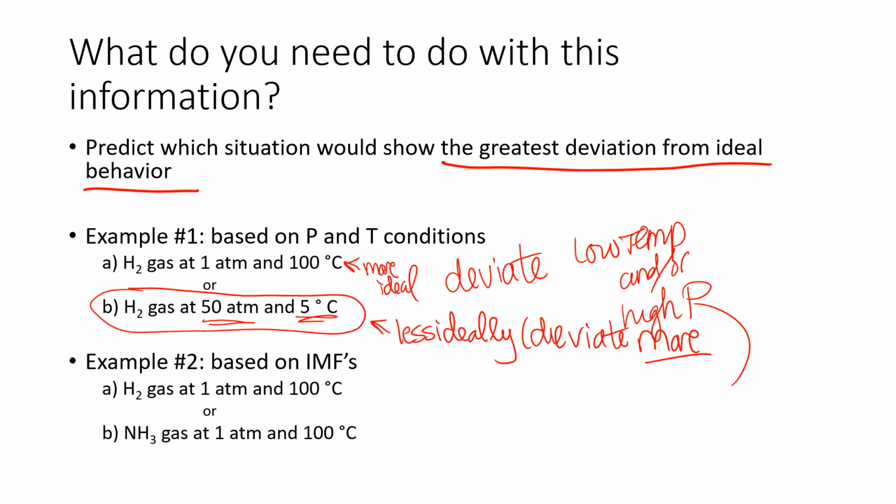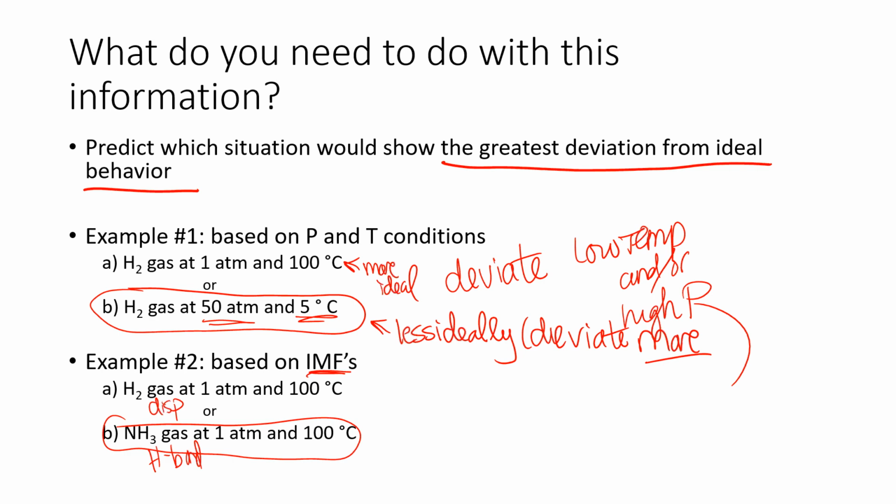Another comparison we want to be able to do is to predict which is going to deviate more from ideal behavior based on their intermolecular forces. If you look over here, hydrogen gas is a small nonpolar molecule and only experiences dispersion forces. NH3 is larger and experiences hydrogen bonding. So NH3 is going to deviate more from ideal behavior, really for 2 reasons.